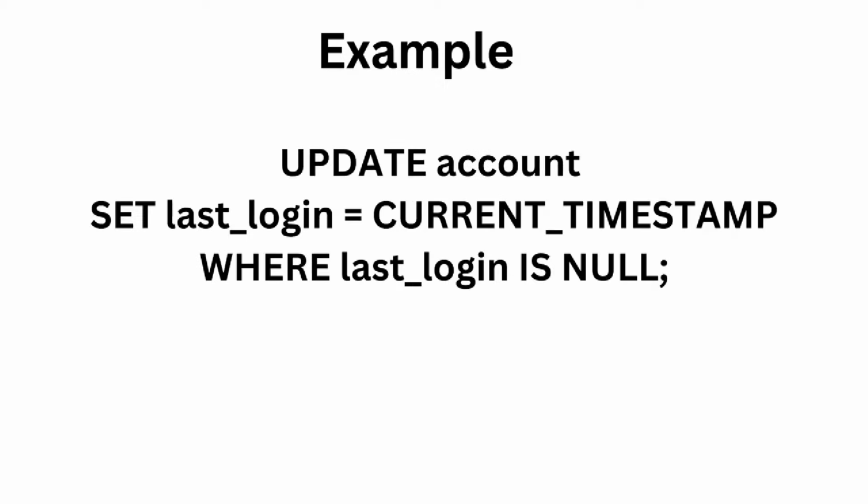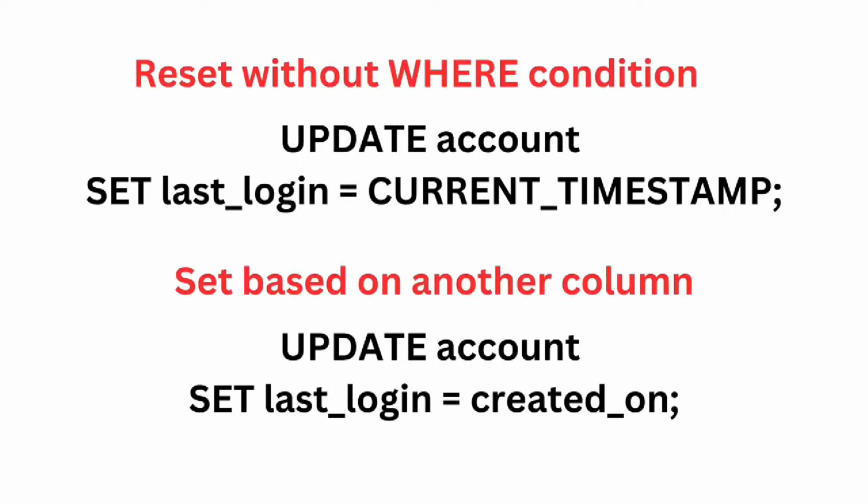We can use that account table we created earlier to say something like update the account table, and then set last login column equal to the current timestamp, where last login is null, which basically says if there is a null value in last login, go ahead and update all those values to be the current timestamp. You can also reset everything without any where condition.